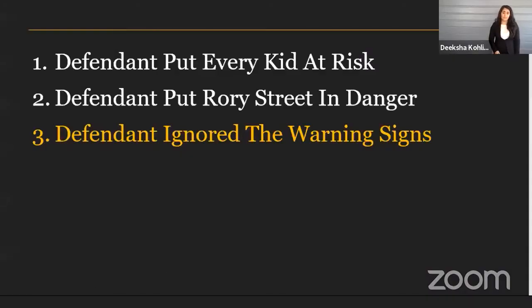Which brings me to point number 3. The defendant ignored the warning signs. If the defendant had done this to a player who looked healthy, it would have been horrendous. But to do it to a player who was obviously struggling, it was downright unspeakable.